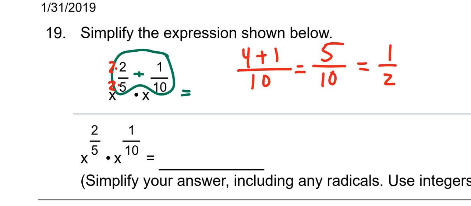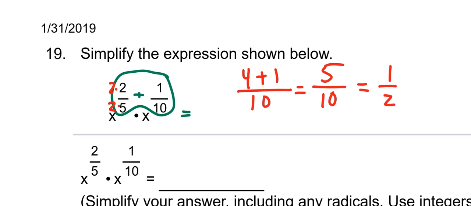Good. Here, not there. Yeah. So several of you did get this correct. X to the 1/2 was one of the answers. What's the radical version?